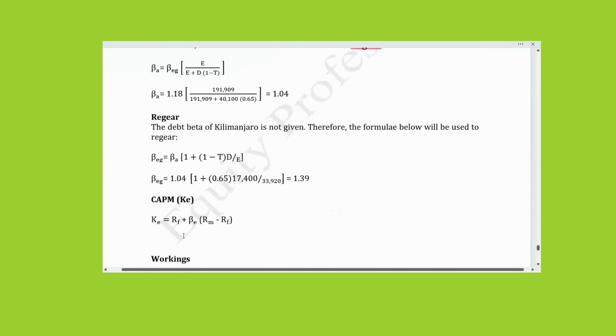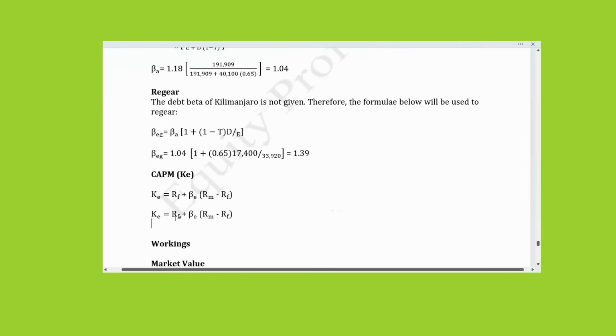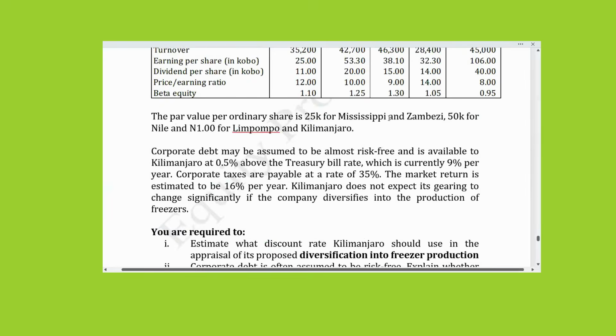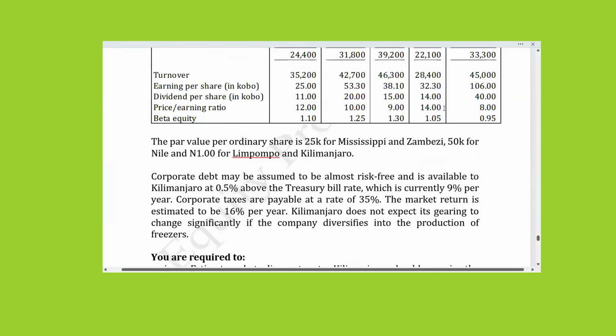So cost of equity is computed as risk-free rate of return plus beta equity multiplied by market risk premium. So according to the question, what is the risk-free rate of return? Pay attention.